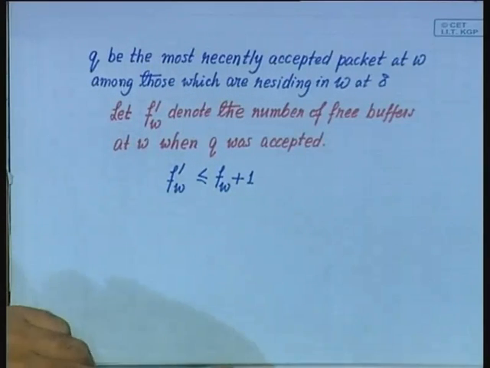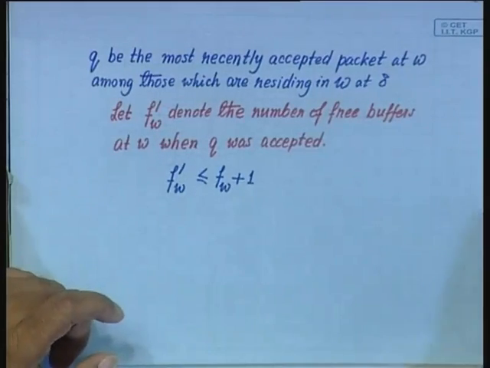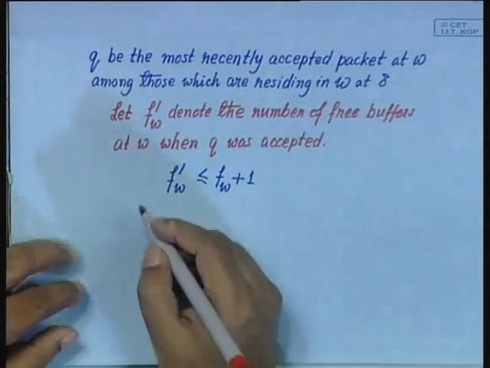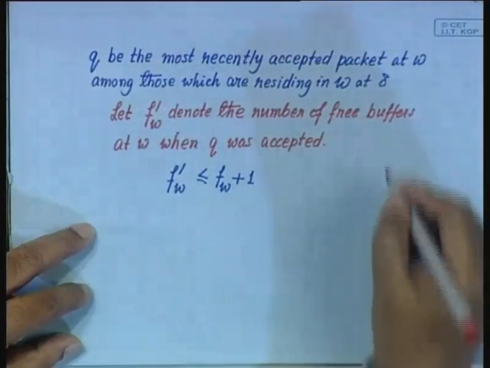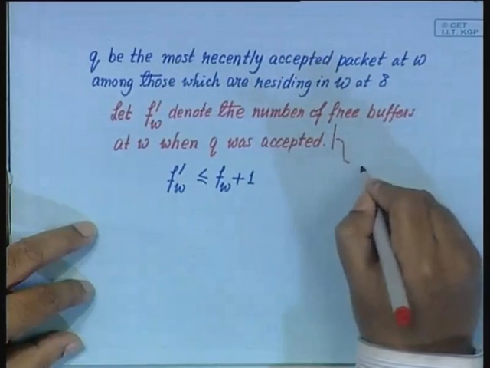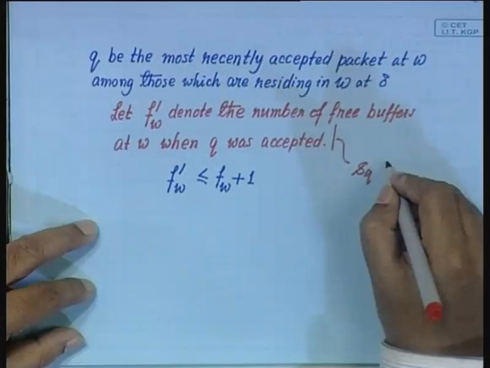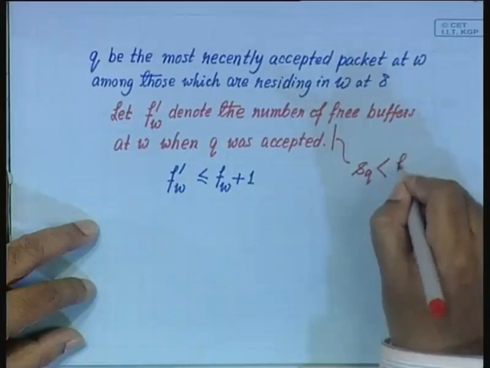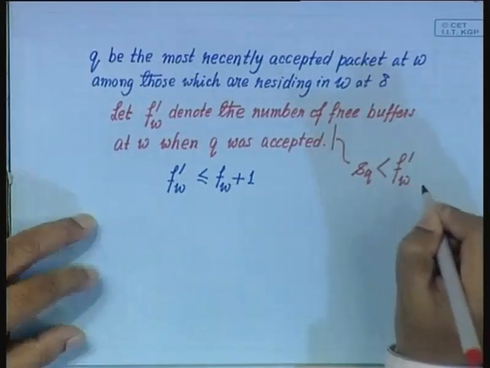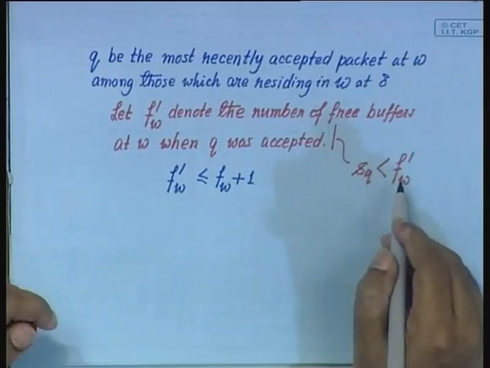Now see, the packet Q was accepted in that state when F dash W was the number of free buffers, right. So we can write that SQ at this point of time was less than F dash W, otherwise the controller would not have accepted the packet, right.